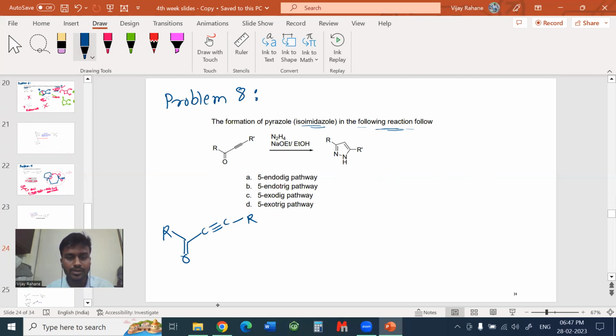N2H2 means N minus NH2, right? So this will be the structure.